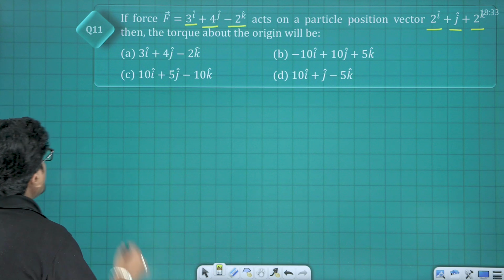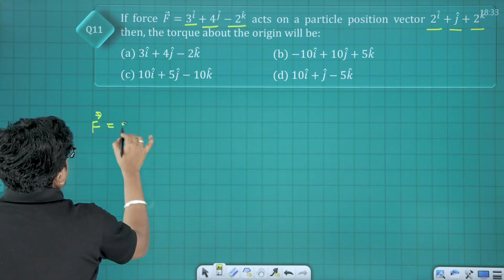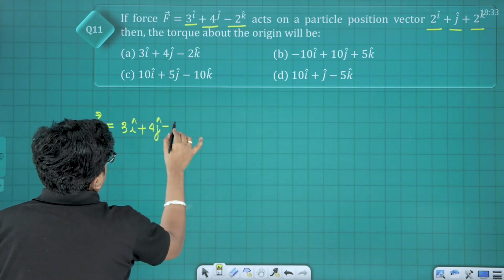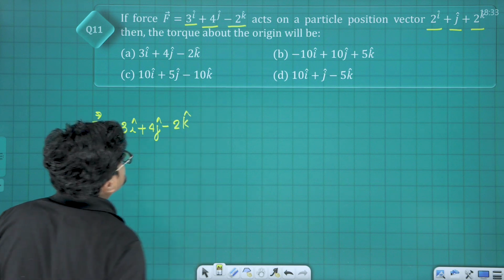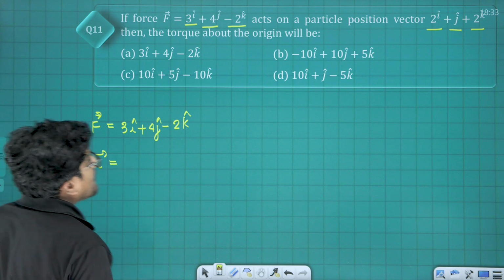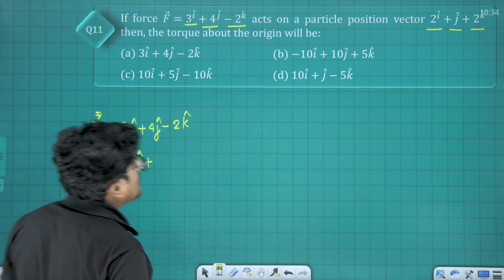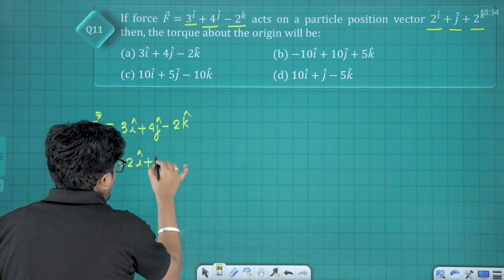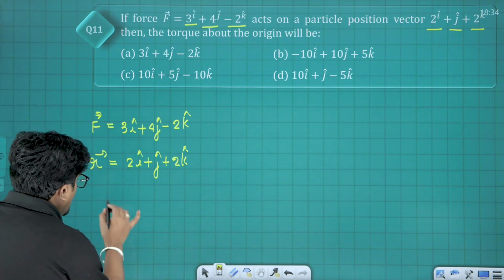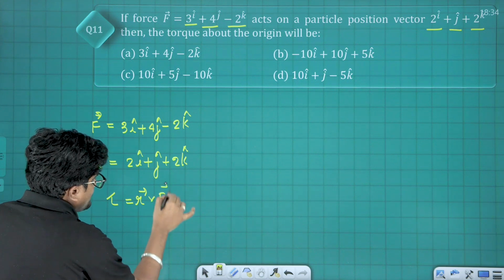So the force acting here is F vector equals 3i plus 4j minus 2k cap, and position vector R vector equals 2i plus j plus 2k cap.